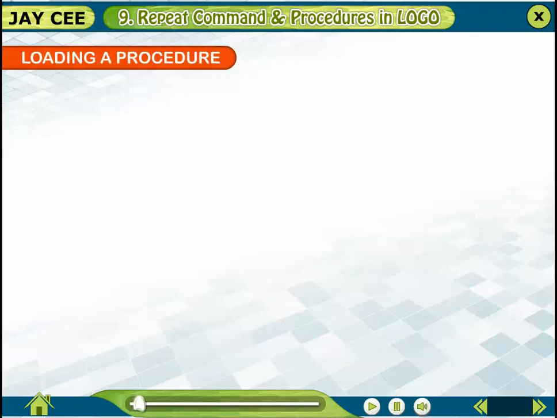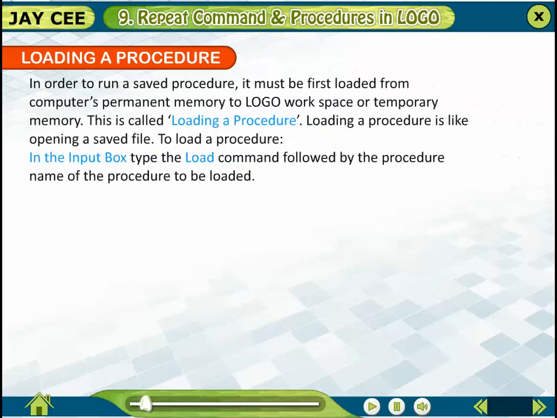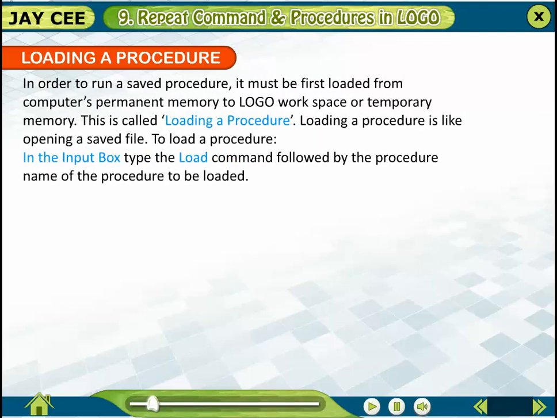Loading a procedure. In order to run a saved procedure, it must first be loaded from the computer's permanent memory to Logo Workspace or temporary memory. This is called loading a procedure. Loading a procedure is like opening a saved file. To load a procedure, in the input box, type the load command followed by the name of the procedure to be loaded.